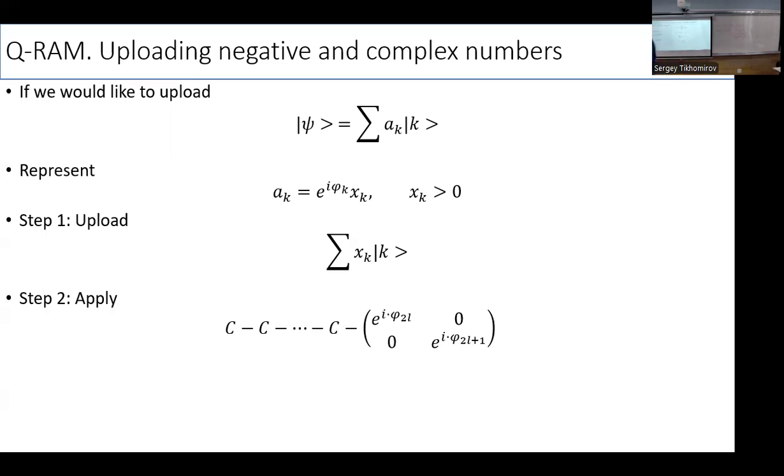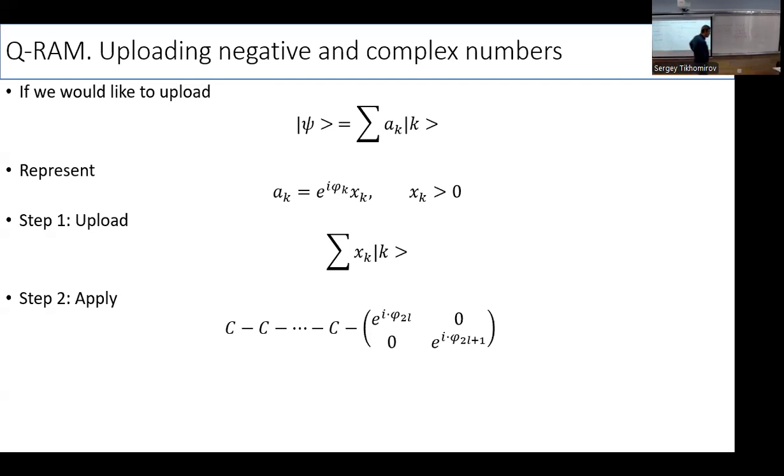From one point of view, this idea is quite easy. But from the second point of view, if you carefully look at the lectures which I gave, I didn't provide for such a gate an algorithm to make it O of n. I only provided how to make it O of n squared.